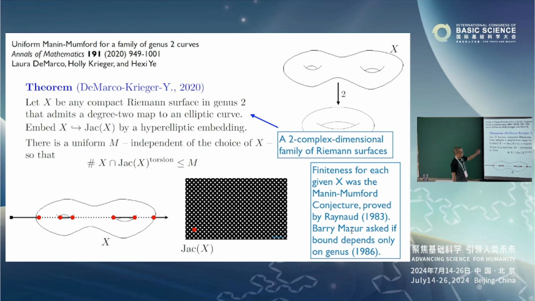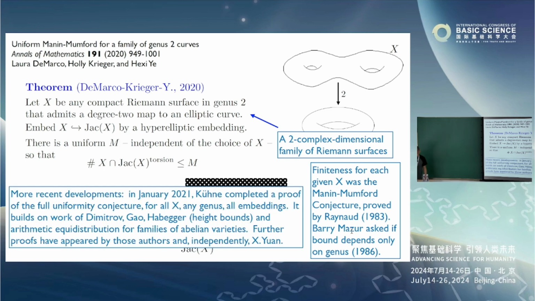This is the uniform Manin-Mumford question. More recently, a few years ago, Kühne completed a proof of the uniformity conjecture for all X, all genus, and all embeddings.